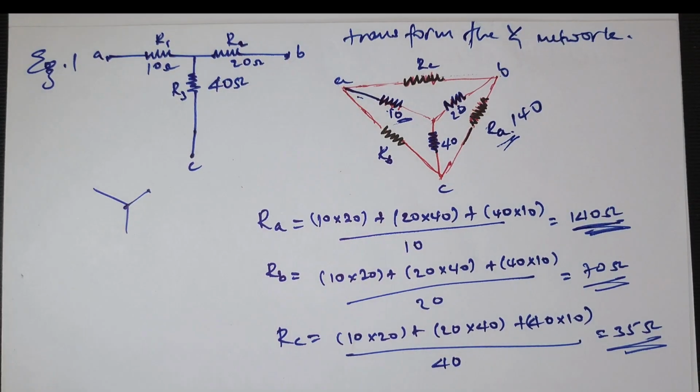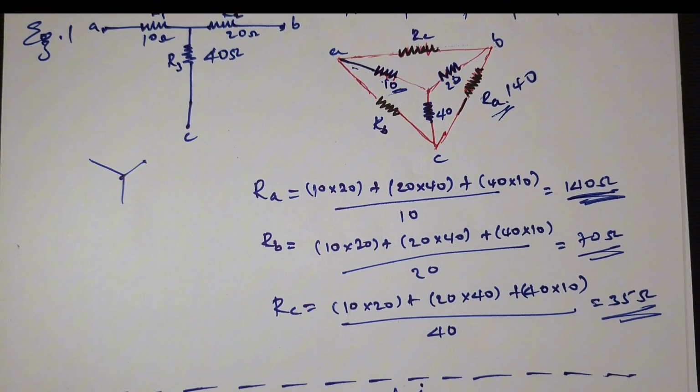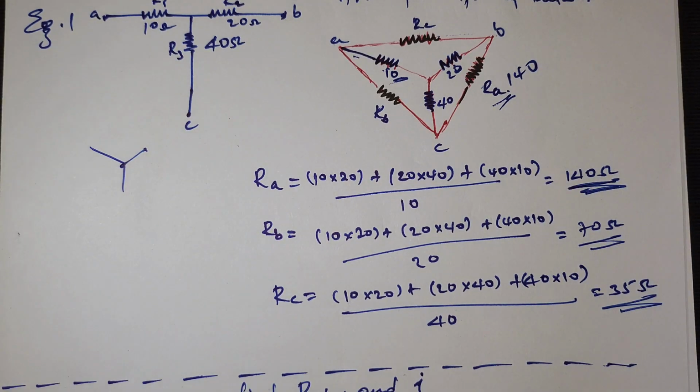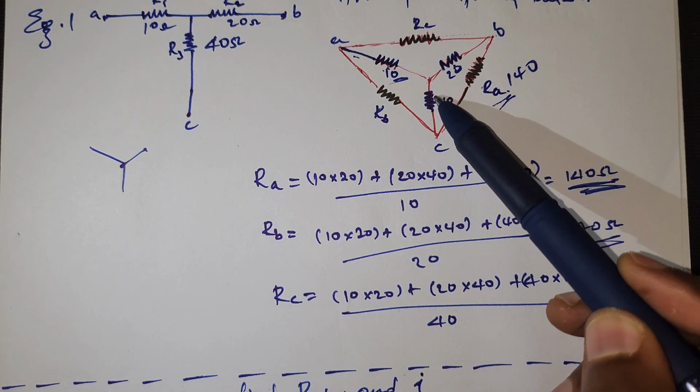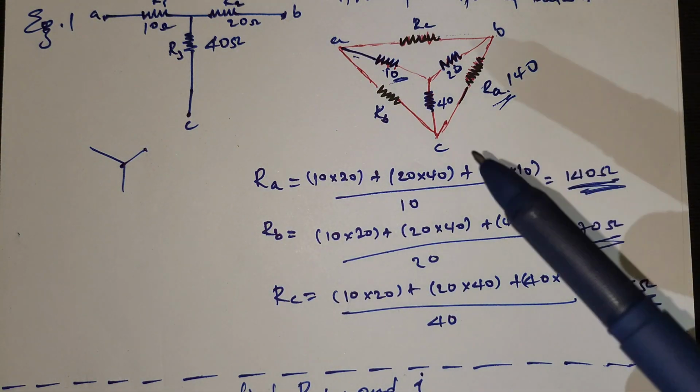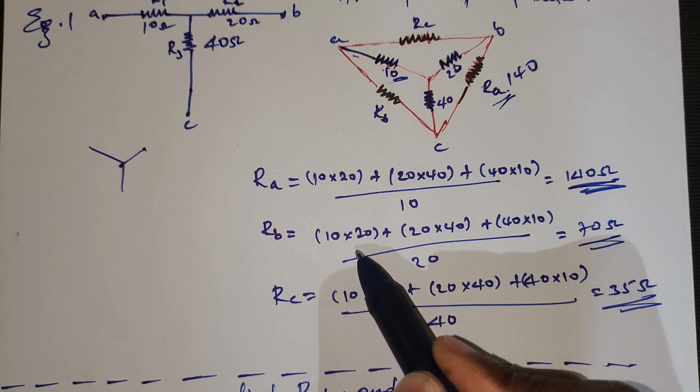So in order to calculate RB, we're gonna add each possible product of resistors on the Y network, divided by the opposite resistor.